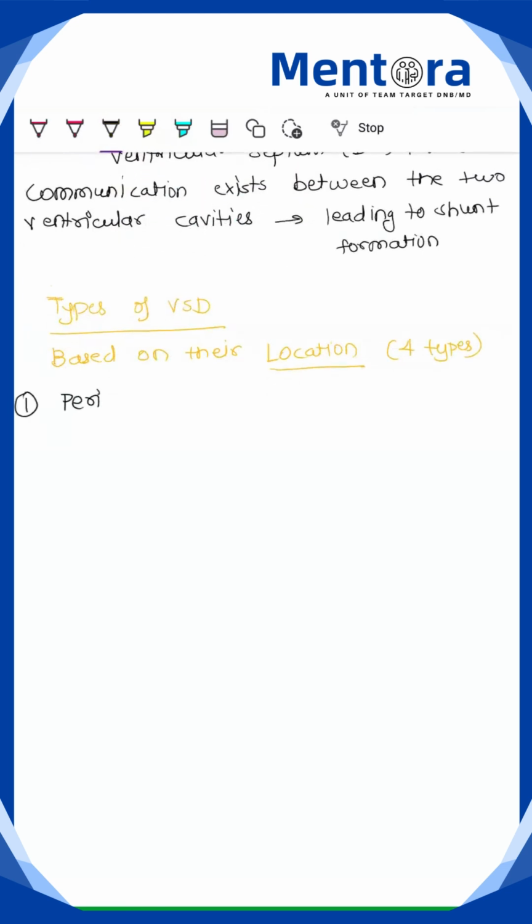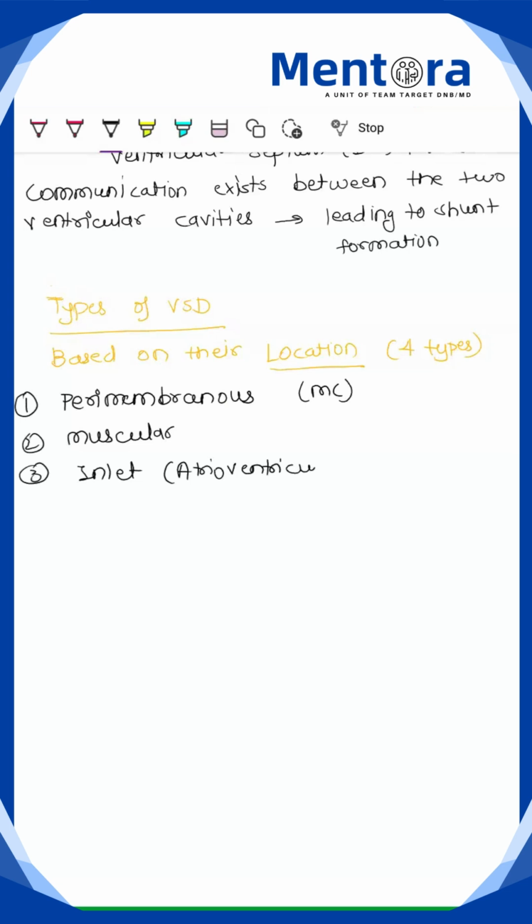First is perimembranous, which is most common location. Muscular, inlet type of VSD, which is also called as atrioventricular canal VSD. And outlet, which is also called as infundibular.